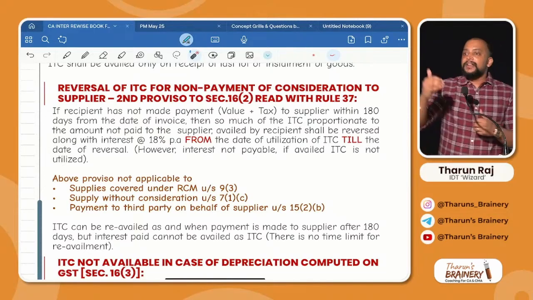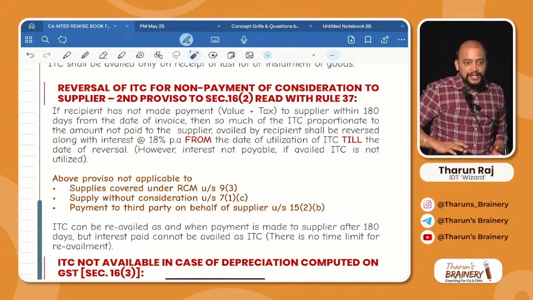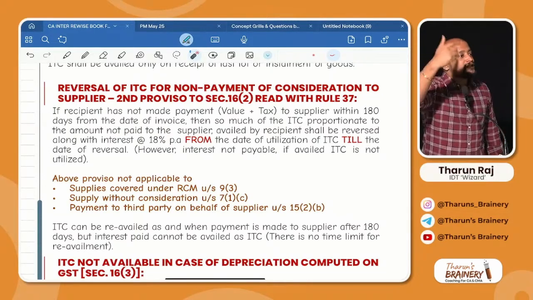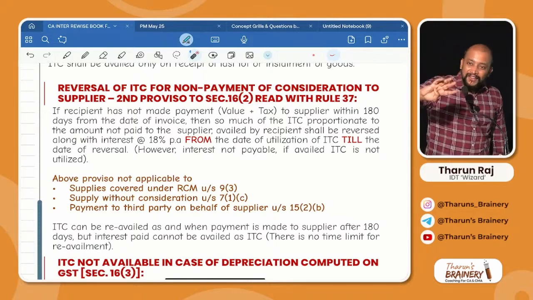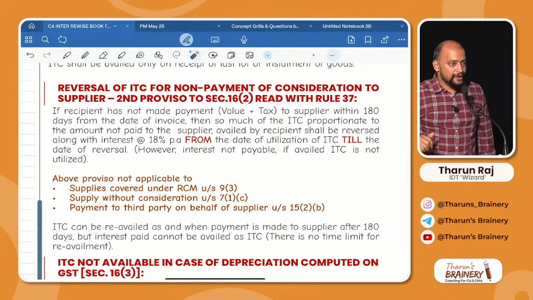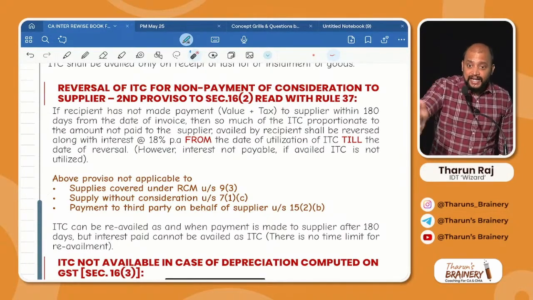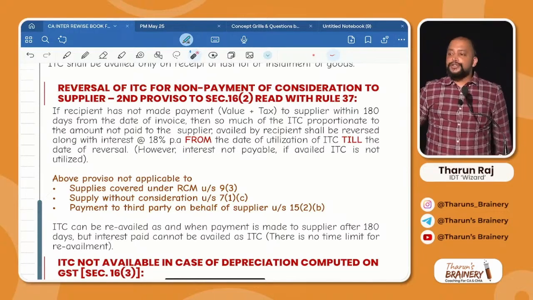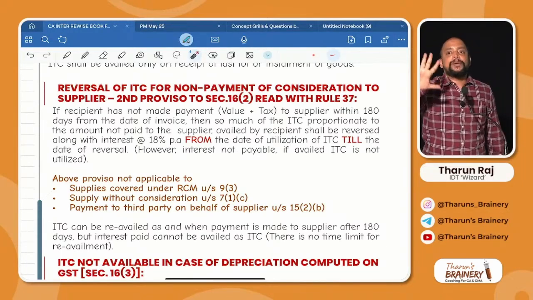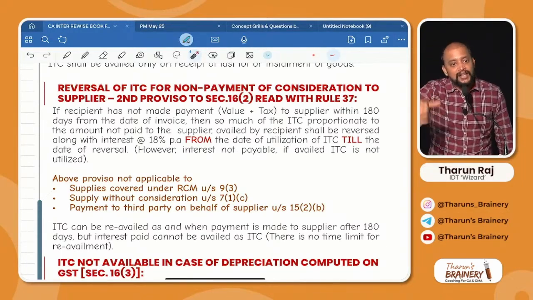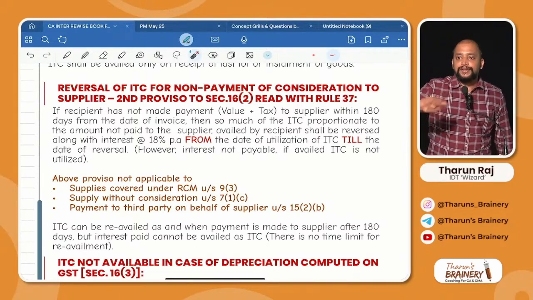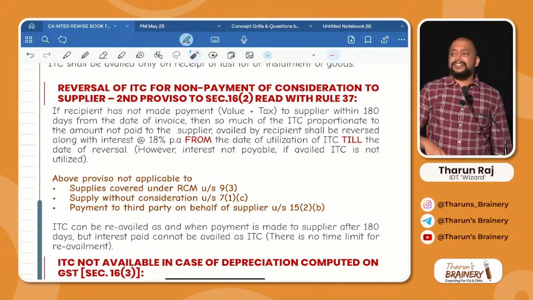For example, within 180 days, you paid 60%, 40% not paid. Means how much you need to reverse? 40% portion you need to reverse, okay? And within 180 days, you did not pay fully, so you reversed fully. Thereafter, you paid 50%. How much you can avail? 50%. You paid 20%. How much you can avail? 20%. Is it clear or not?